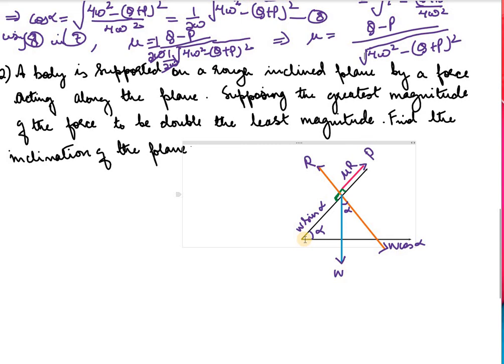So what we have to do is, the body is in the position of moving downward and it is supported by a force. So it's supported on a rough incline by a force.